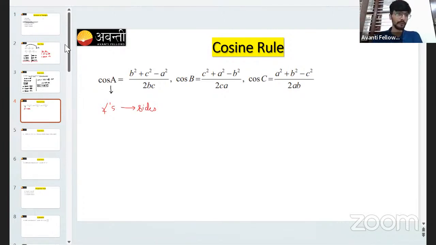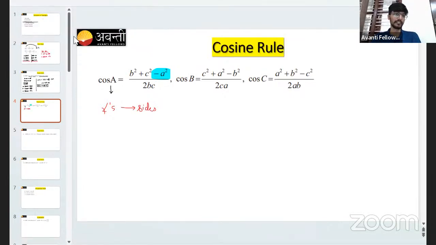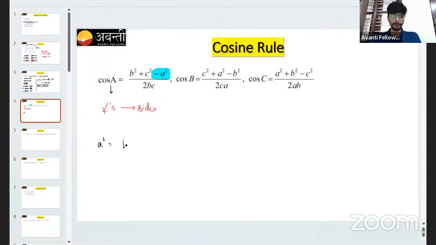There is one more form of cosine rule. If I get the value of a square from the first equation, I can write a square as b square plus c square minus 2bc cos A. We use the second form rarely.